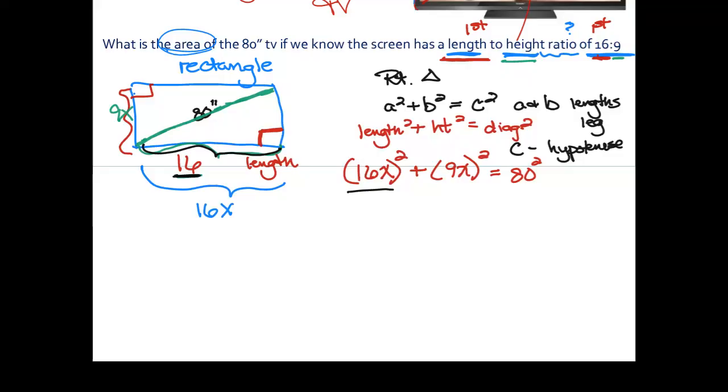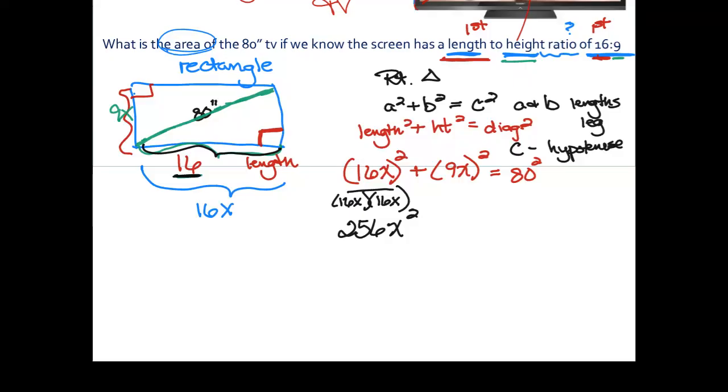If I say what is 5 squared, the answer is 25. You take 5 times 5. If I say 16x squared, wouldn't you be taking 16x times 16x? Which is, you were very close, 256x squared, because you have to square the x also.